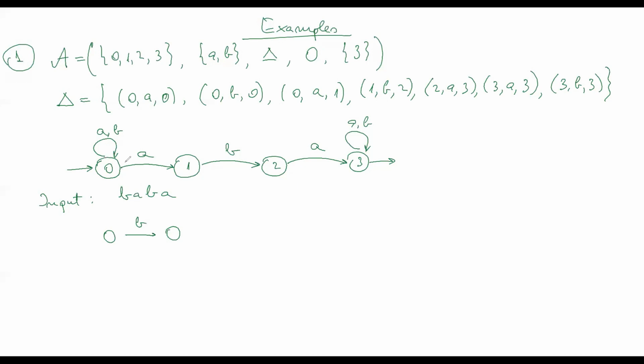One is I stay in state 0, and the other one is I go to state 1. So I just indicate this with this branching computation.